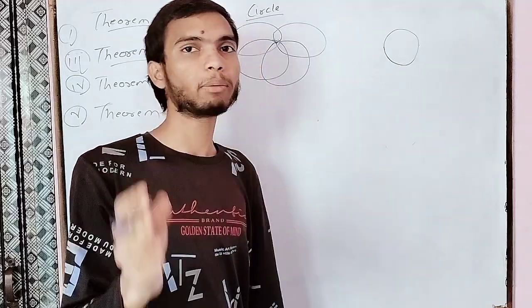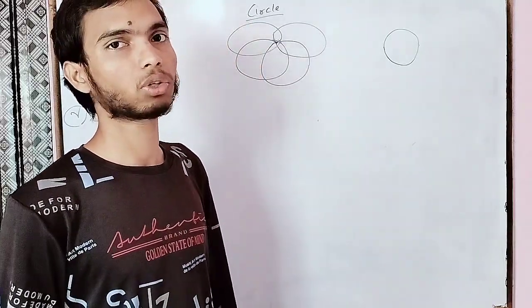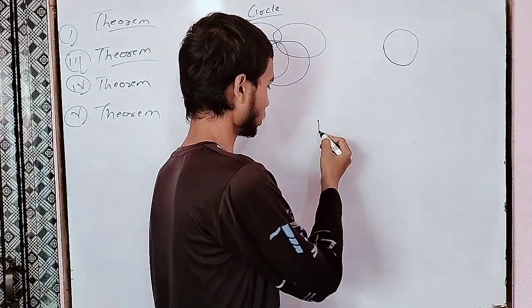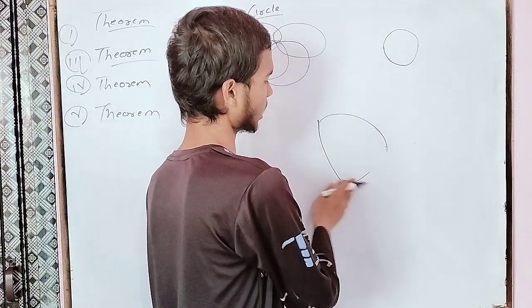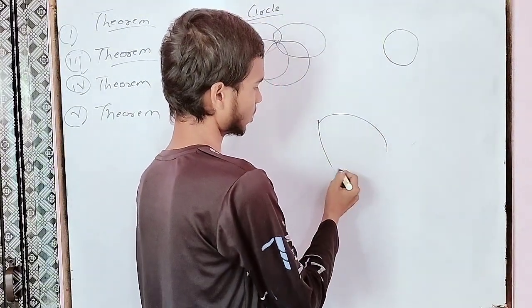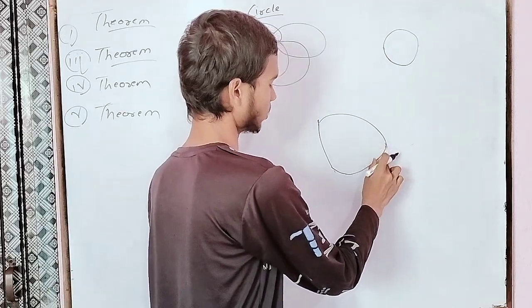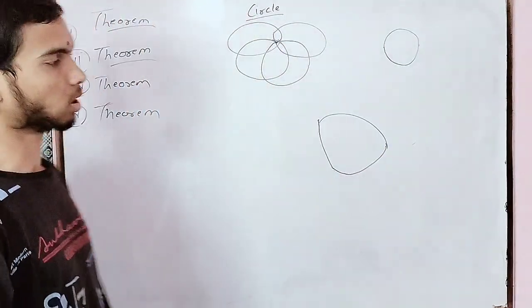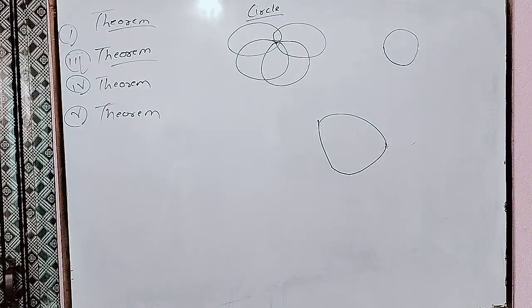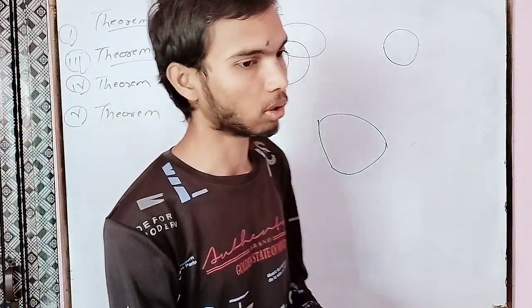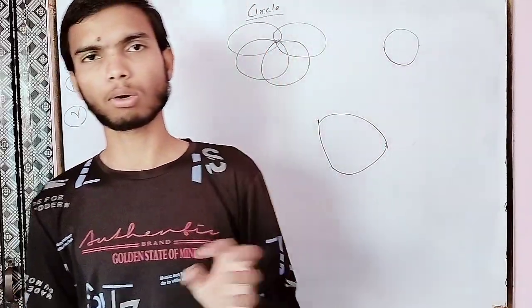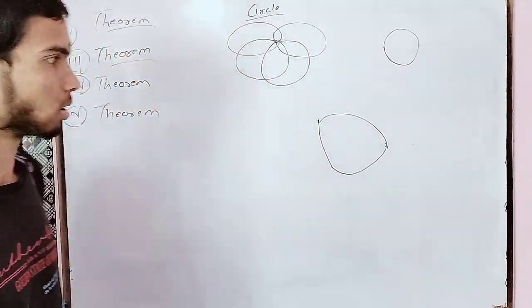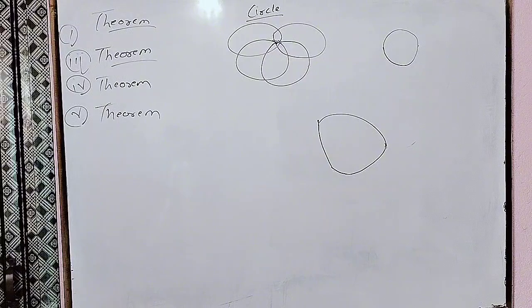Here only one circle can be drawn, and this is what the theorem is saying. This is not an exact diagram of a circle. The theorem number 5 is the same: only one circle can contain all those non-collinear points. Now next.